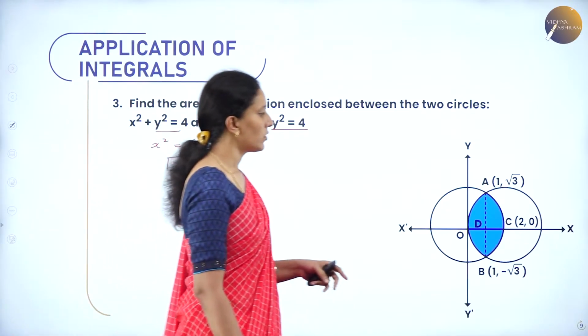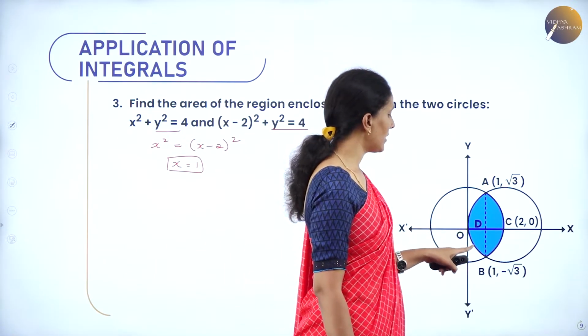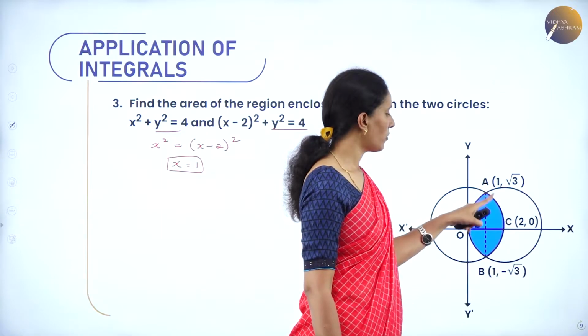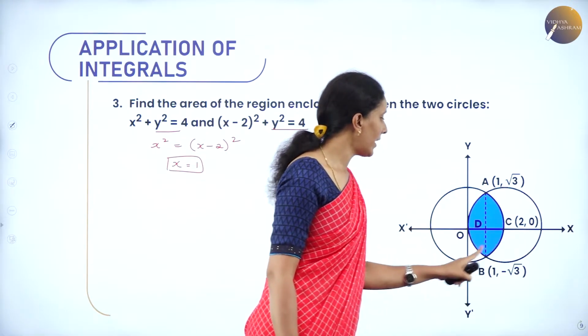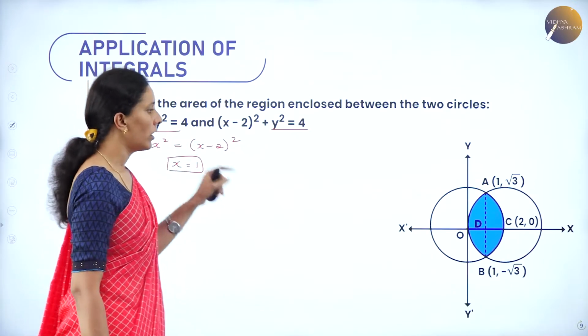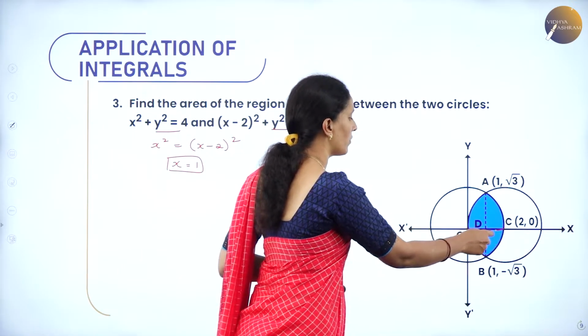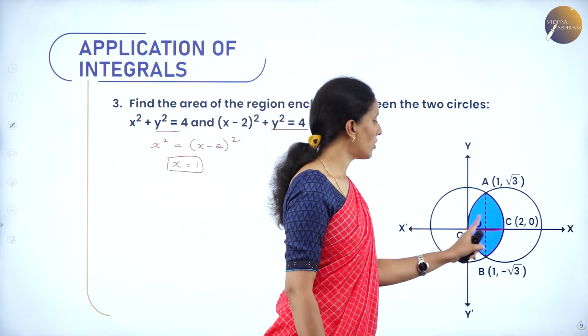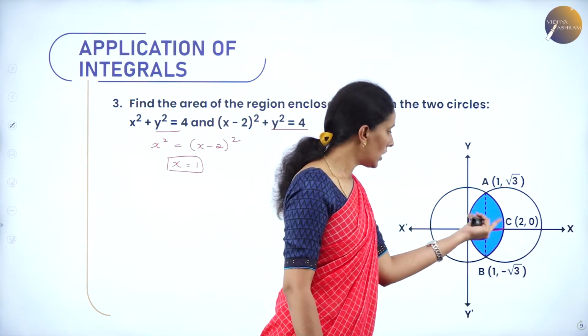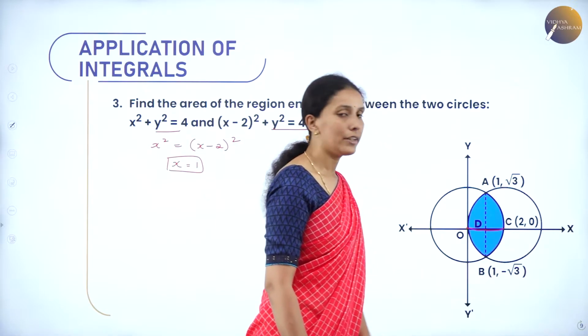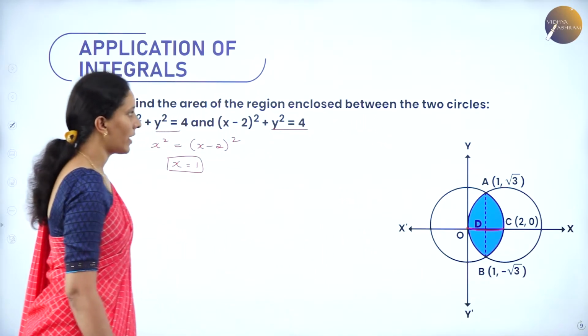So therefore, the points of intersection you can clearly say are (1, root 3) and (1, minus root 3), and clearly for the second circle here you have 4, that means the radius is 2. So this distance is the radius of the one circle, which is also the distance between the centres.